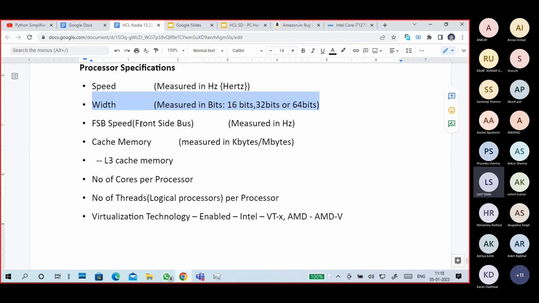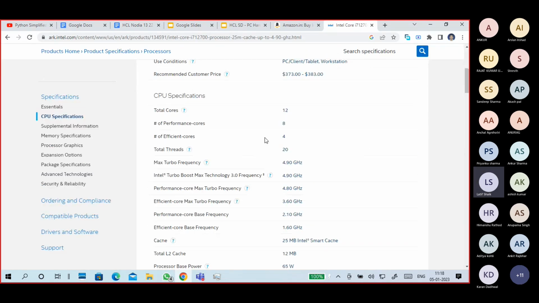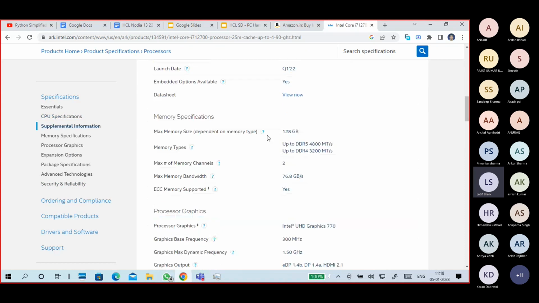FSB. FSB means RAM model and speed, clock speed. Okay, so I showed now. What is FSB?